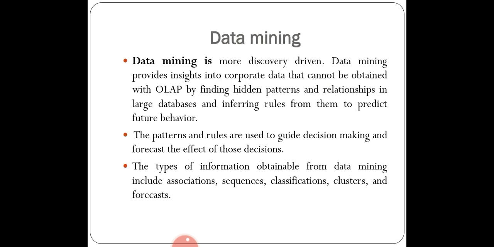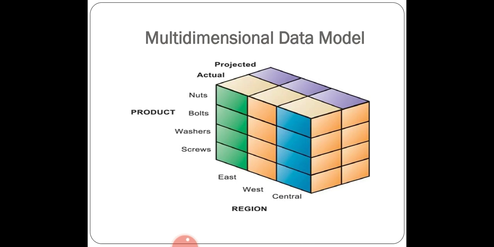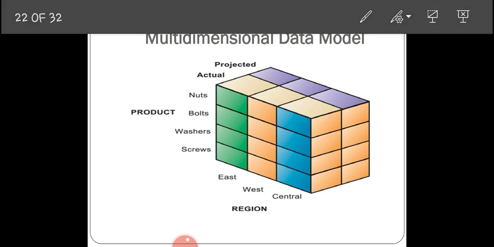As you can see here, this is the multiple dimensions of a product. You can see it has several dimensions. The first one is the product, then the second one is the region, then the period. For the product, we have the nuts, the bolts, the washers, the screws. If you want to know how many washers have been sold in East Africa, the actual and the projected, then we go to this dimension here.